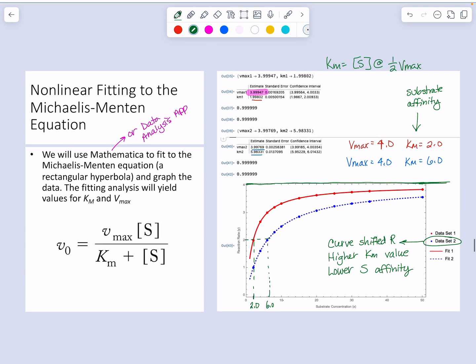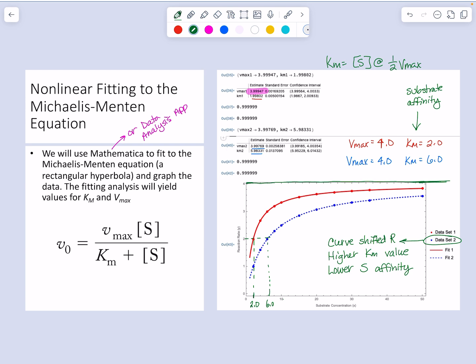Now you can't really estimate things as easily, and again, because of equilibrium, your curve is asymptotically approaching Vmax, but you're not actually going to see it in your experimental data.